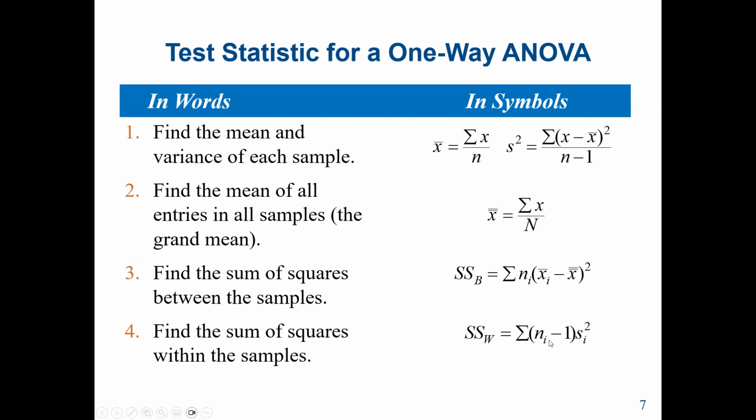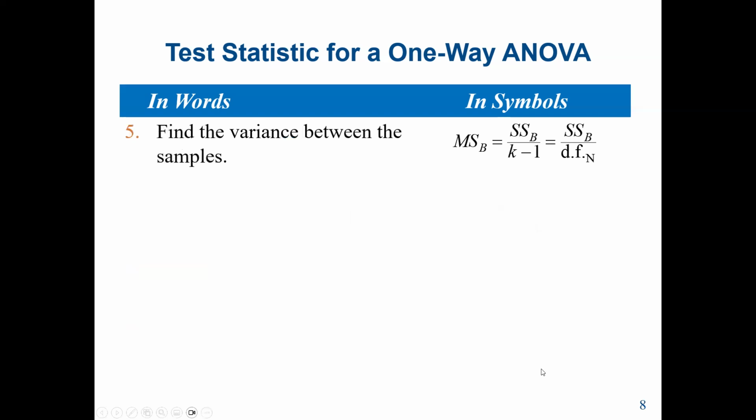So we take the difference between the sample size and one. Then we multiply by the variance. So again, n is the sample size, s squared is the variance. So we may have n1, n2, n3, s1, s2, s3.